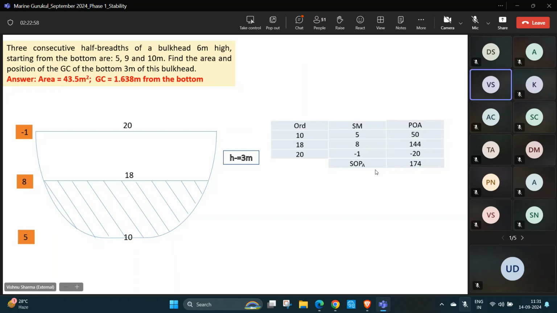Area will be equal to coefficient, and the coefficient for rule 3 is 1 by 12 into common interval 3 into SOP area. Can you please calculate the area required? 43.5 square meters. Here, 1 by 12 into 3 into 174 gives 43.5 square meters. Is that clear, beta?